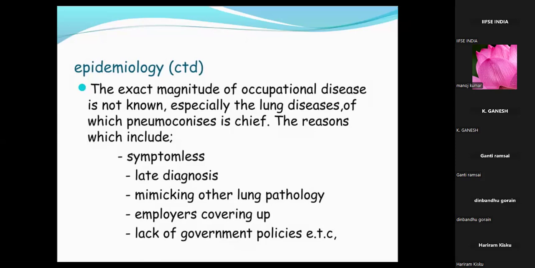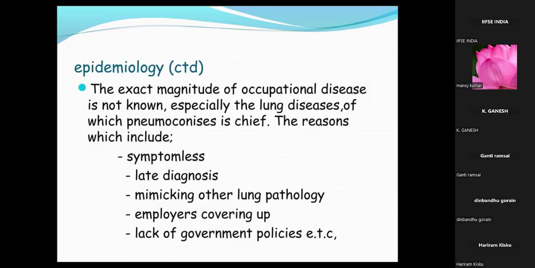This is one of the biggest problems for pneumoconiosis, because in the slides I'll show you some original photographs of lungs taken from patients. You can see that some pneumoconiosis lungs are black, equivalent to the lungs of people who smoke continuously for years. So one cannot identify whether this is an occupational disease or from smoking. Such mimicking makes it very difficult for a pathologist to understand the cause of the disease.